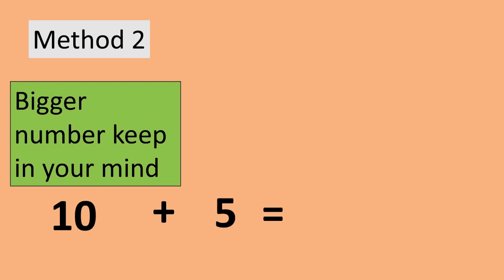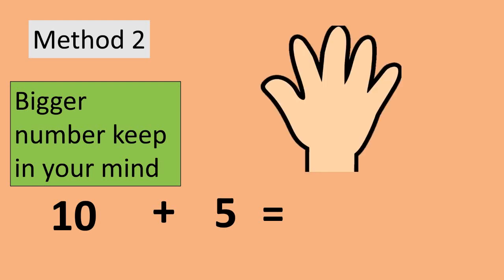So keep the bigger number in your mind, and for the smaller number you can draw dots or lines, or you can count on your fingers like this. So student, now keep the number 10 in your mind and count 11, 12, 13, 14, 15. So what is our answer? Yes, 10 plus 5 is equal to 15.